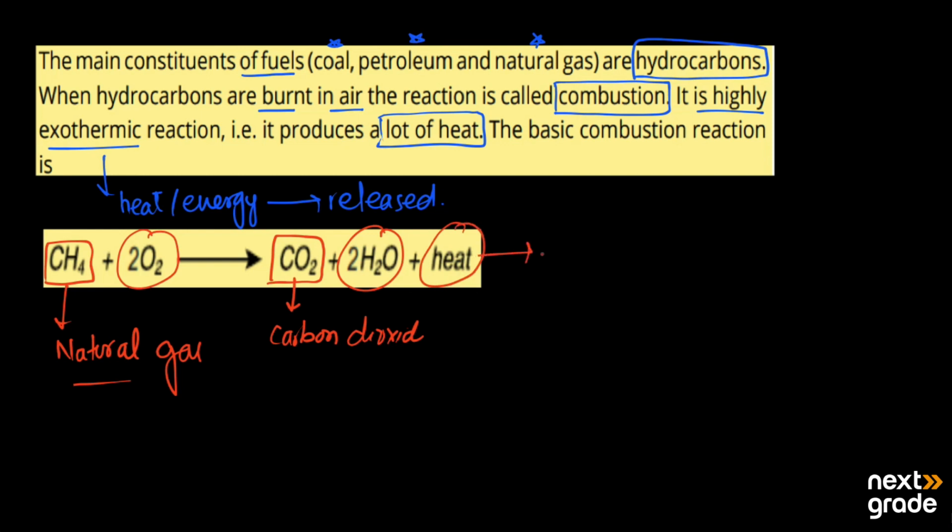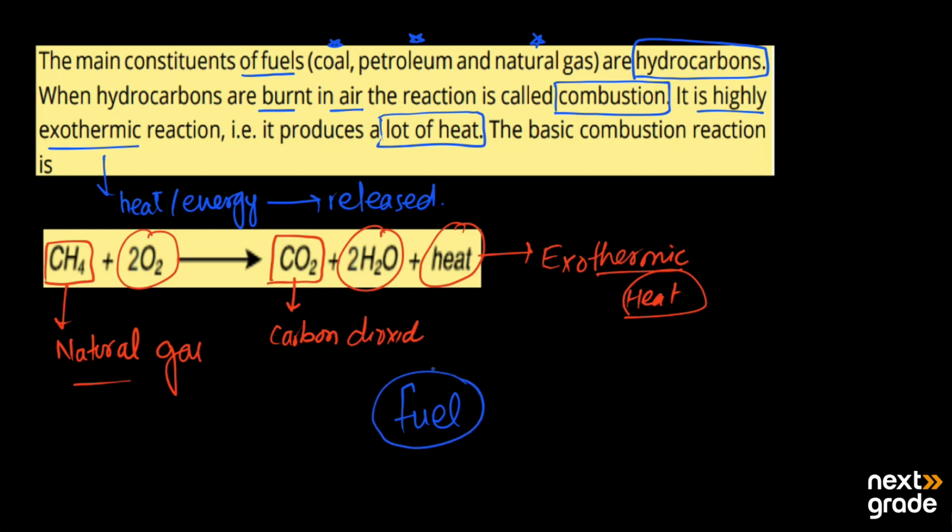So that's why this is a simple exothermic reaction. Exo means the release or the exit and therm means heat. So in this we see hydrocarbons may be used as a simple fuel for different processes.